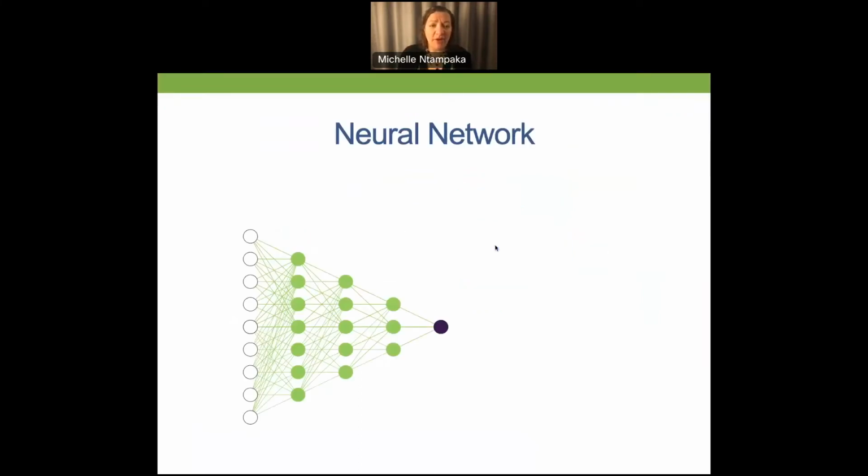A neural network is a deep learning technique that can be used to approximate any function. Here, I've shown a function that has 9 input parameters, those are in white on the left-hand side, 3 hidden layers, those are in green, and a single output that's in purple on the right-hand side. What's going to happen is a neuron in one of the hidden layers is going to be a linear combination of the neurons in the previous layer with a nonlinearity folded in on top.